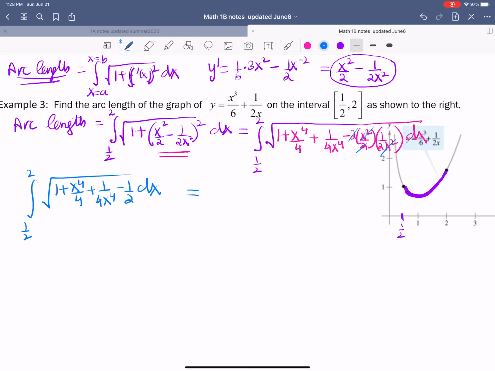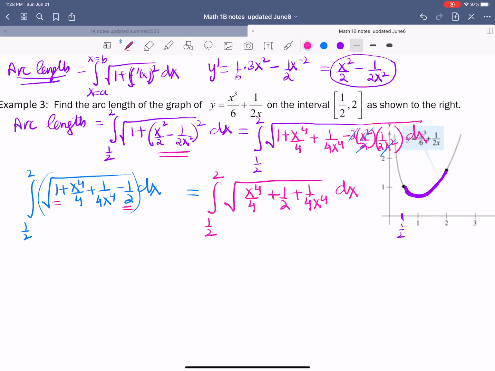Now, looks like there are some like terms here. We do have the like terms negative 1/2 and positive 1. So the integral from 1/2 to 2 of the square root of 1 minus half, which is positive 1/2, plus 1 over 4 x to the 4th, dx. I'm going to pull out a 1/4 from the square root.